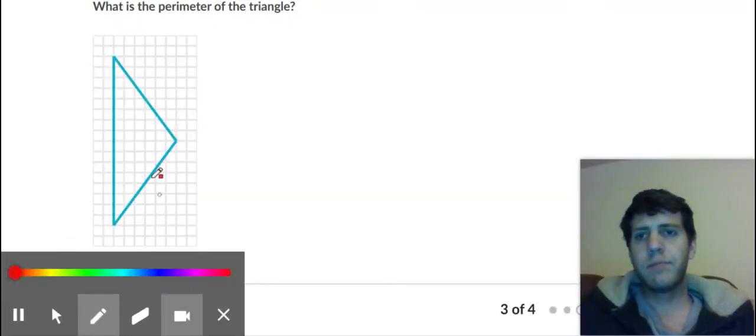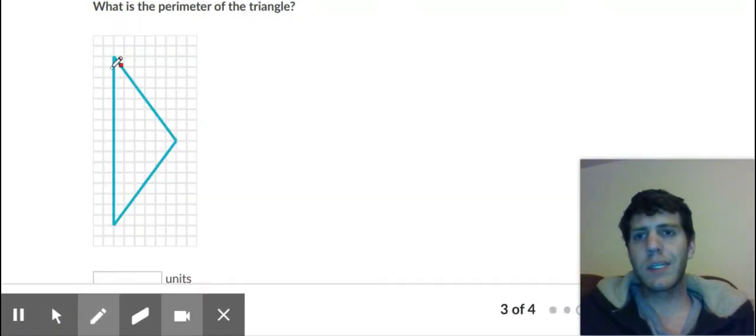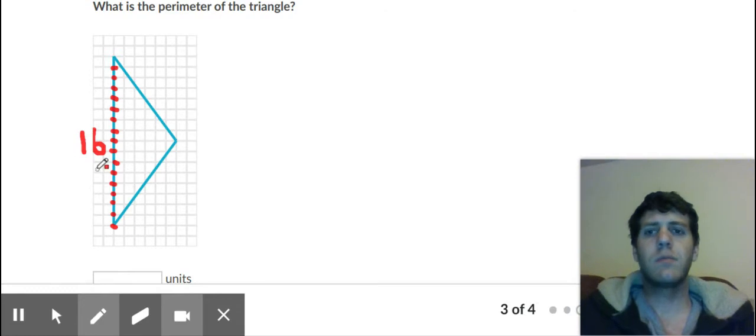All right. So first thing I want to do is count out 1, 2, 3, 4, 5, 6, 7, 8, 9, 10, 11, 12, 13, 14, 15, 16 units. So the base of this whole thing is 16 units. Okay.